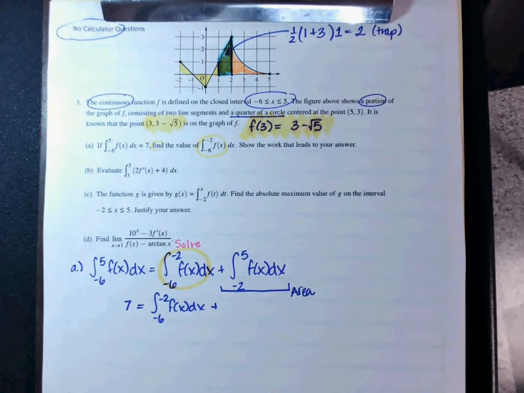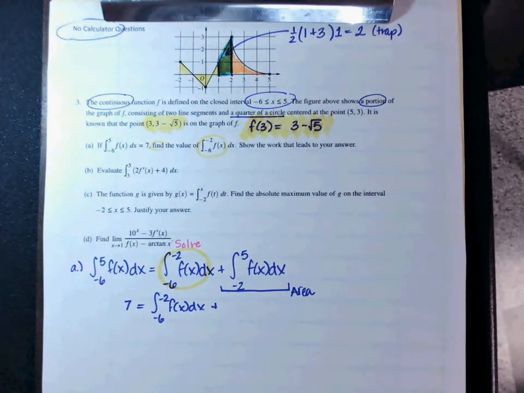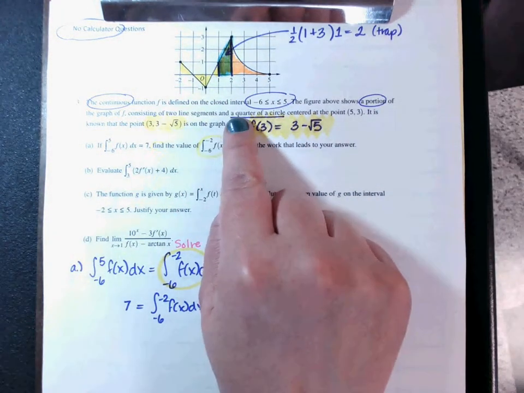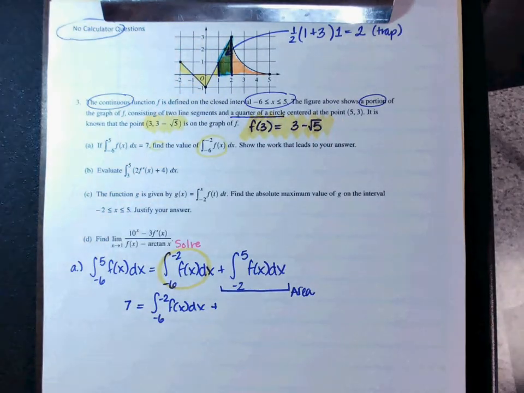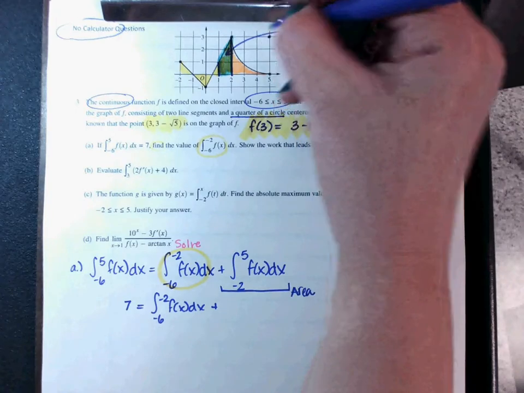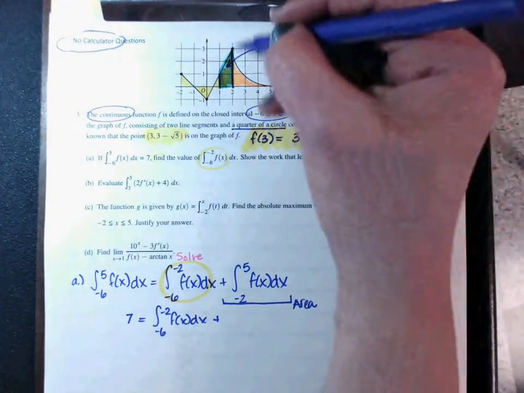The remaining section that's left over down here is a really weird shape, but I want you to remember that up here it says this is a quarter of a circle centered at 5, 3. So if my center is here at 5, 3, think about it, I have a big circle that I just can't see the rest of right here.